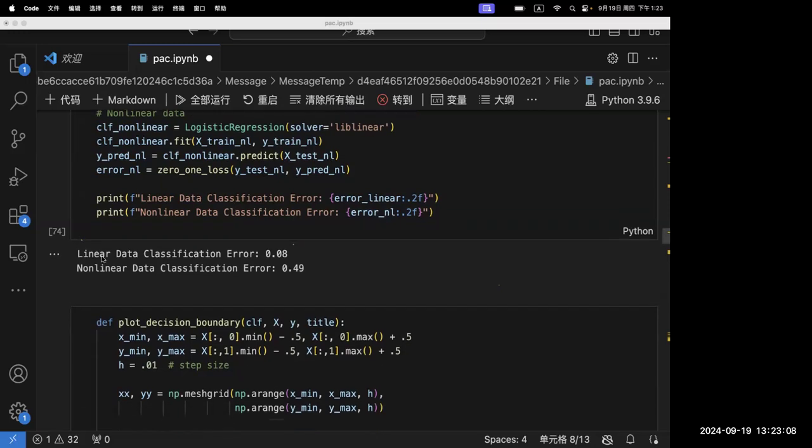But for the nonlinear data, that is the XOR relationship, it can only achieve performance somewhat similar to random guessing, right? It only has 51% accuracy. And if you average over more runs, I think it will be closer to 50%, closer to random guessing.